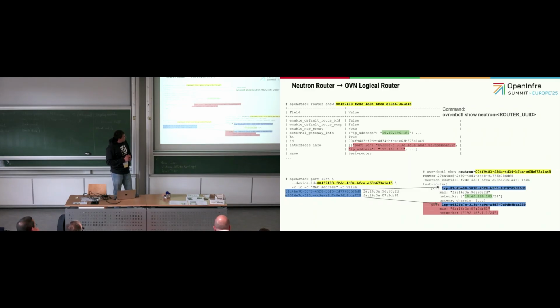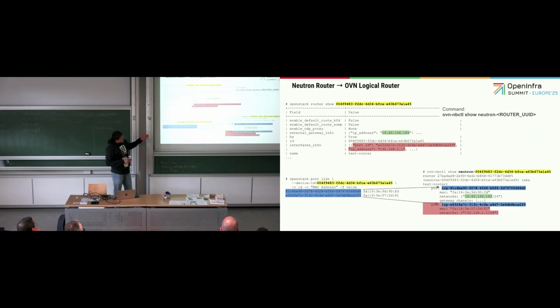And here you have an example with two interfaces connected to the router, one of them the public interface, facing the provider network, and another one the local. They are both presented in the same table and connected to the same object, which is test router. And you can see that even in OVN you will see the same naming. So we save names for the objects too, which is really helpful.